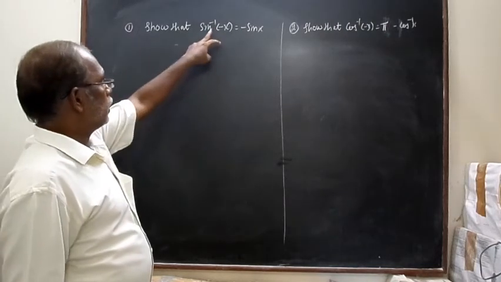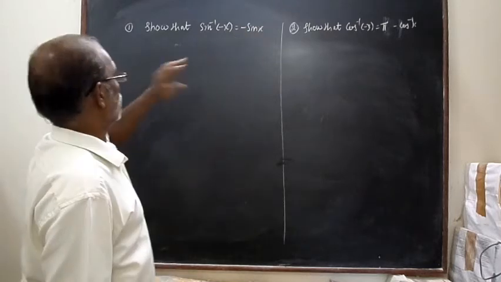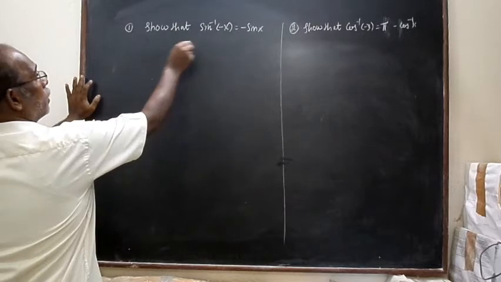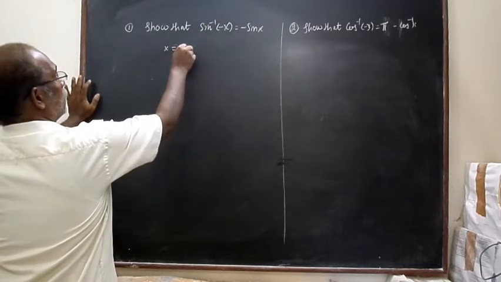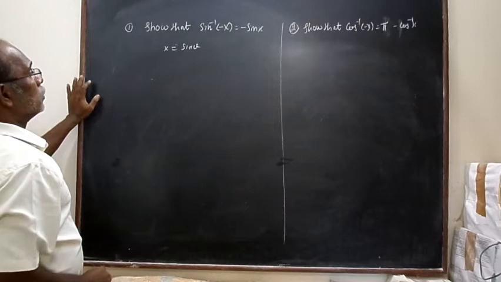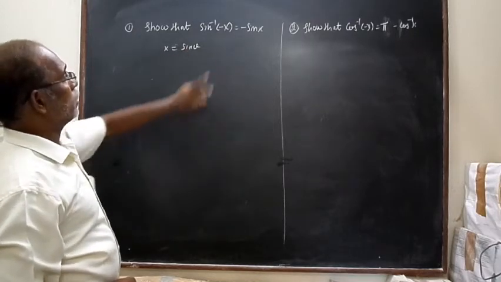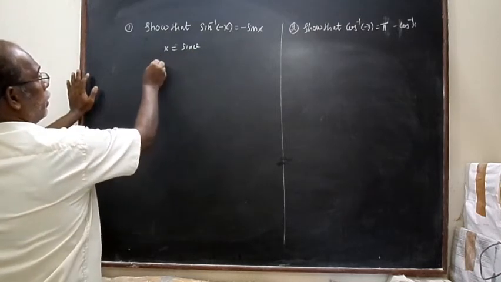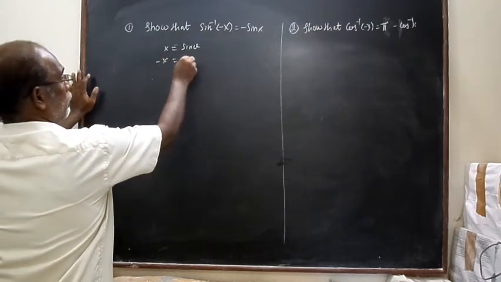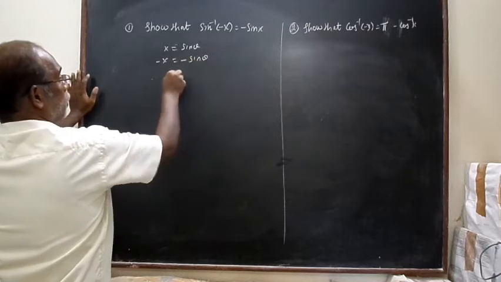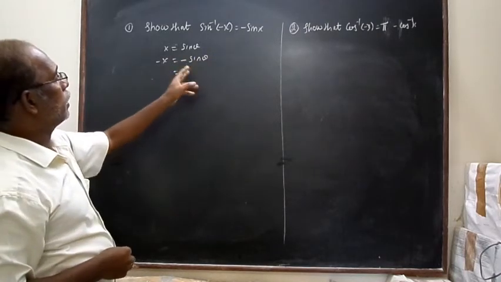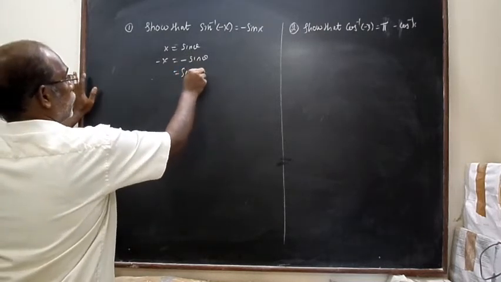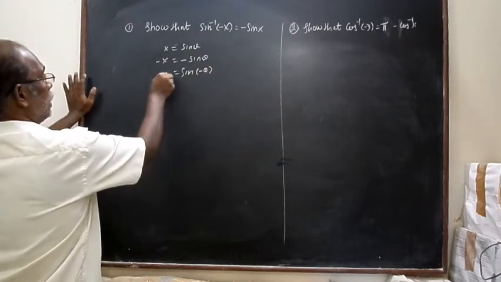Show that sin inverse of minus x equals minus sin inverse of x. In order to prove this result, let us take x equal to sin theta. The question has negative x, so multiply both sides by minus: negative x equals negative sin theta. From the trigonometric identity from 11th standard, we know that minus sin theta is sine of minus theta, which is minus x.